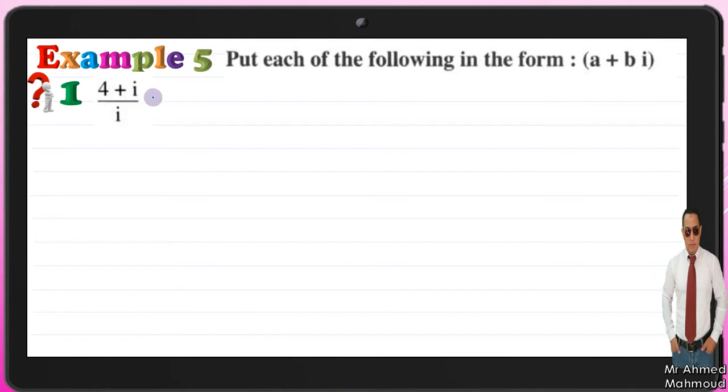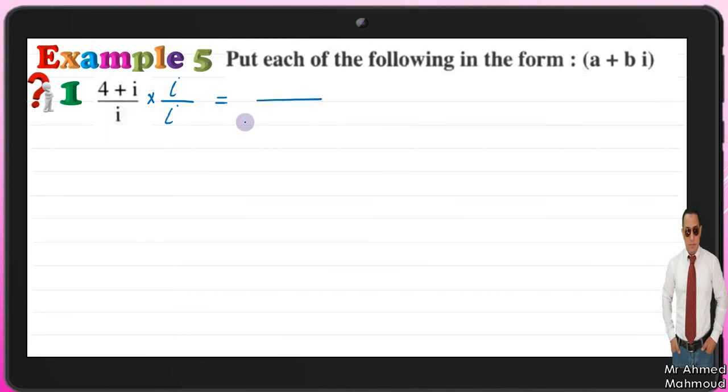To simplify this one, we are going to multiply up and down times i, because i times i equals negative 1, it will be a real number. The purpose of simplifying this one is to change the denominator into a real number or positive whole number.